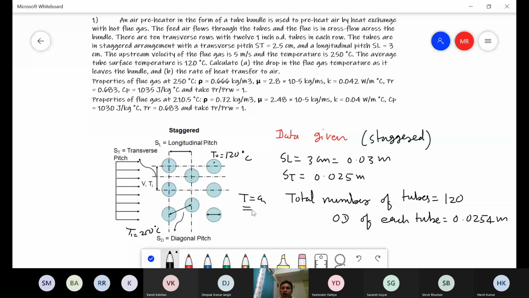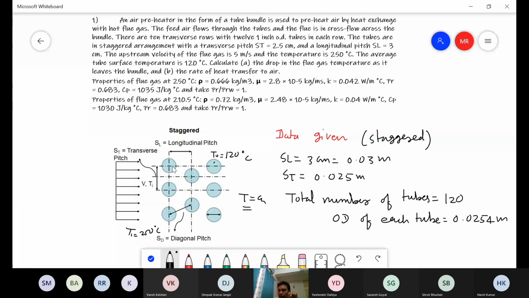Correct. So now, just to simplify the analysis, these are the tubes in which air is flowing, and we can see the cross section of the tubes.